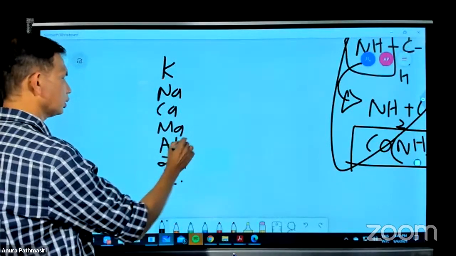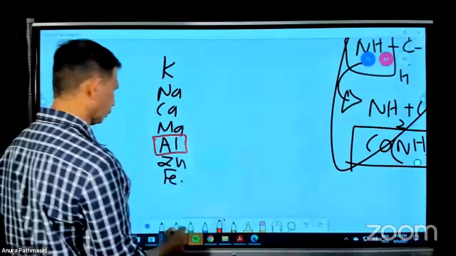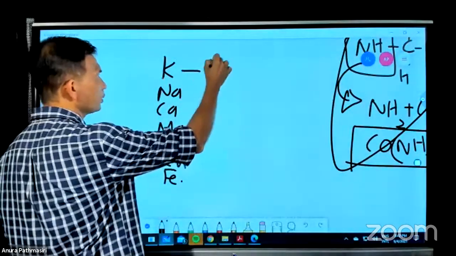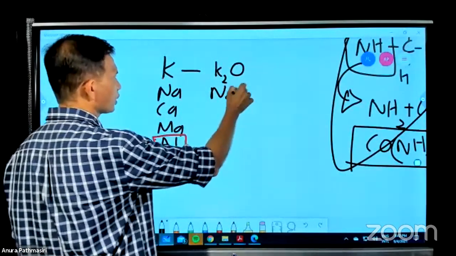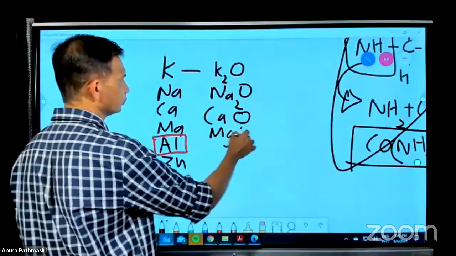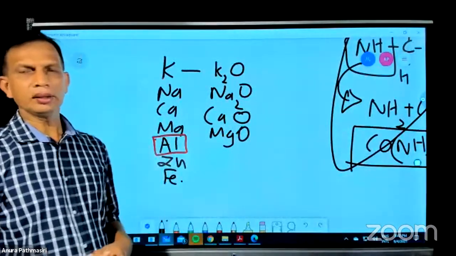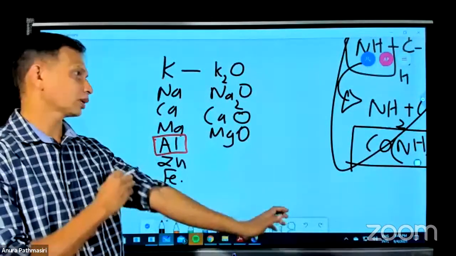So you can see up to aluminium, we just consider potassium oxide, sodium oxide, calcium oxide, magnesium oxide. They are basic oxides.